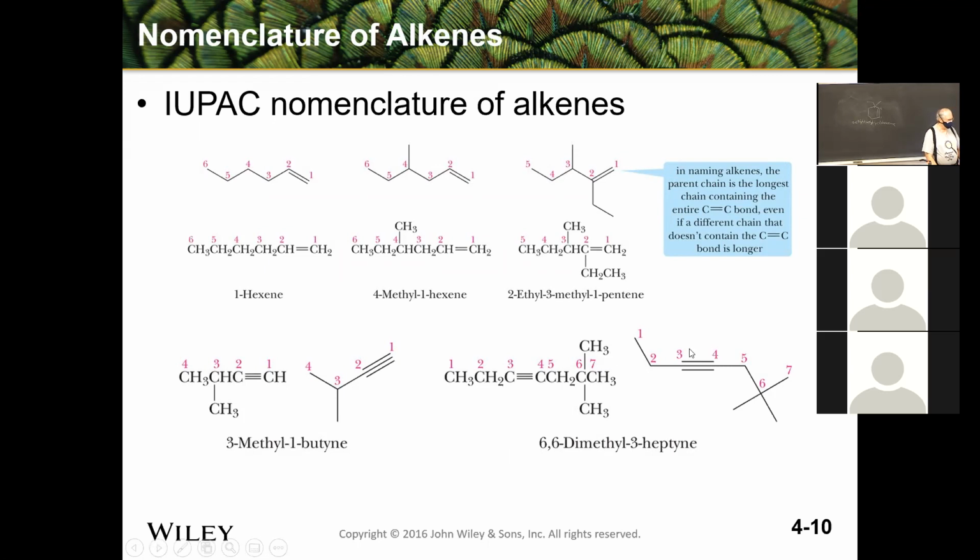Okay, we want to start here from the left, because that puts a triple bond between 3 and 4. If we go this way, it's 1, 2, 3, and the triple bond would be between 4 and 5. So we want to give the triple bond the lower number. So this is 6,6-dimethyl 3-heptyne. Okay, 3 is where the triple bond is located.